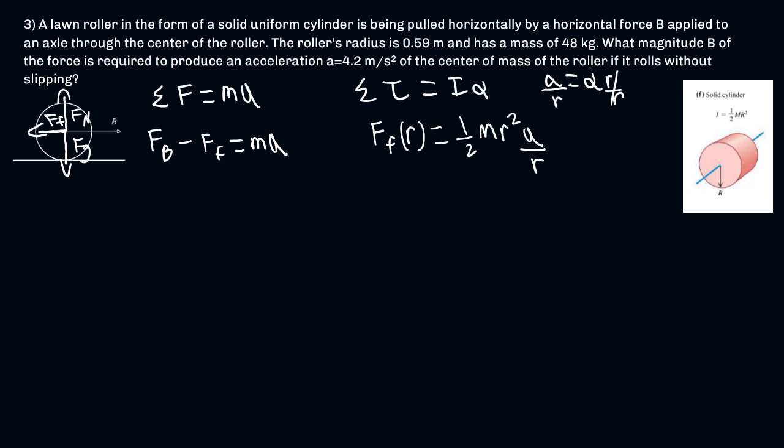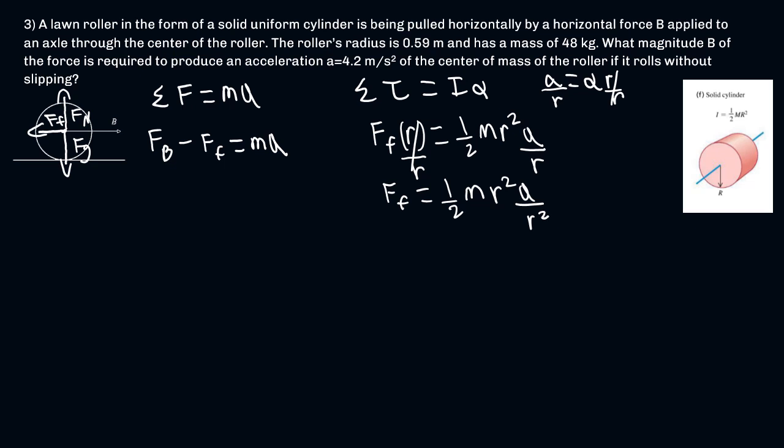So something else I can do here will make my life a little bit easier. If you look at this, we have the force of friction times the radius is equal to 1/2 mr squared times the acceleration over the radius again. If I do something real quick here, I can divide out the radius from this side, and I'm left with the force of friction equal to 1/2 mr squared a over r squared.